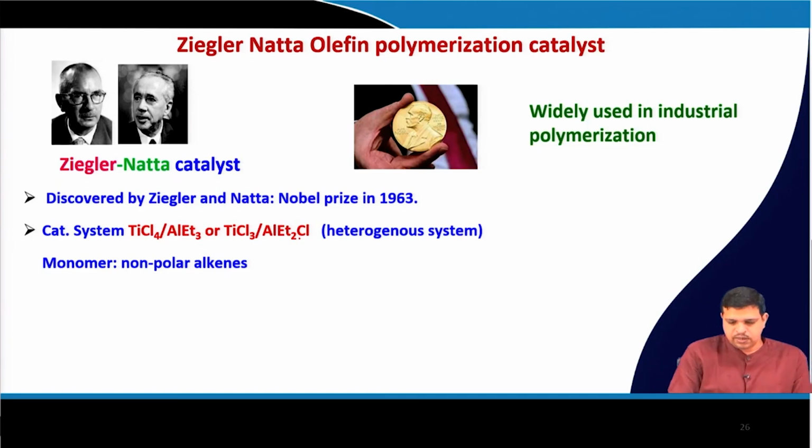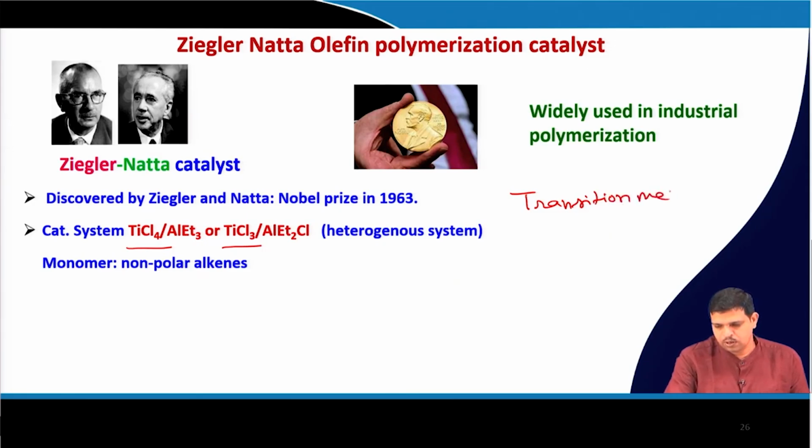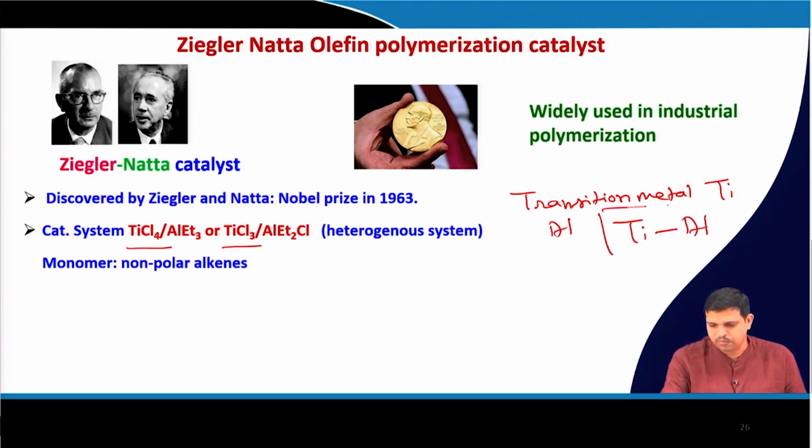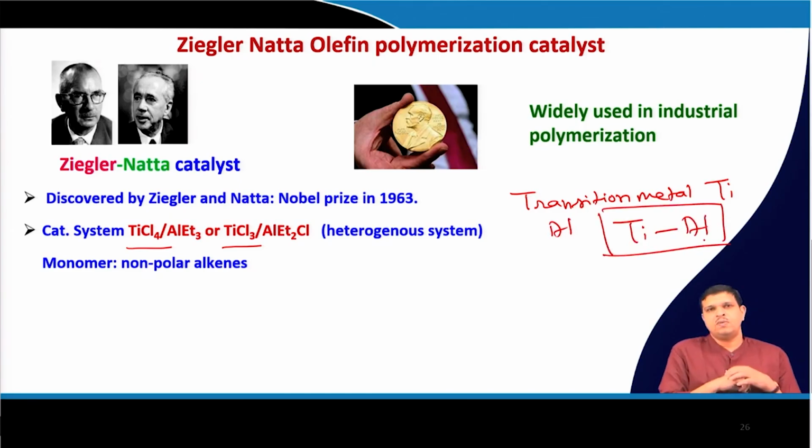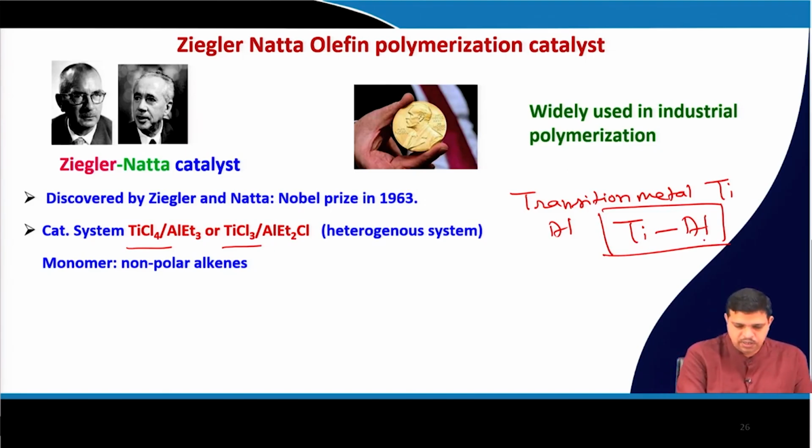The catalytic system is mainly TiCl4, and the transition metal is titanium, and you need another metal, that is aluminum. So it is basically the titanium aluminum system, the heterobimetallic system. So this one is the catalyst and this one is the co-catalyst.